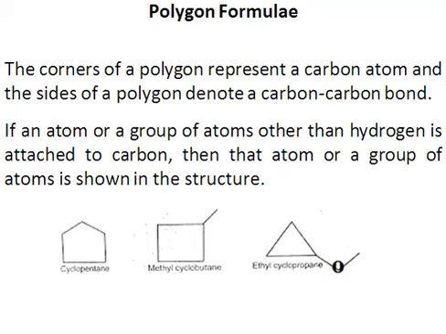The only difference is that polygon formulas are only used for cyclic molecules. If your molecule is not cyclic, you cannot draw a polygon formula. In a polygon formula, the corner of the polygon indicates the presence of a carbon, while a terminal carbon like that one indicates the presence of a methyl group here. We can show the presence of a heteroatom here as well, just like in the bond line formula.